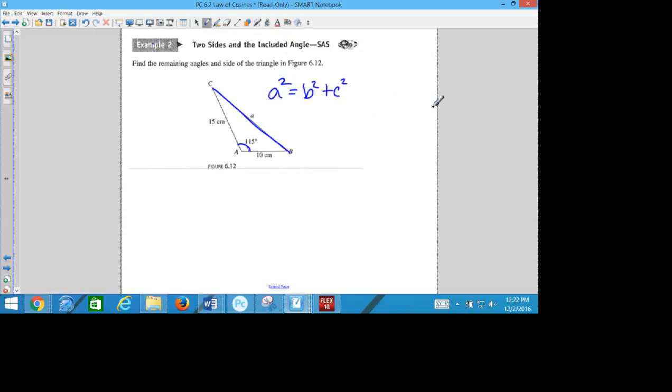Those are the other two sides that you do know. Then we always do minus 2 times B and C again, cosine of the angle that we do know that is opposite the side we're trying to find. Sorry, I was just talking about law of sines and my brain was stuck on it.